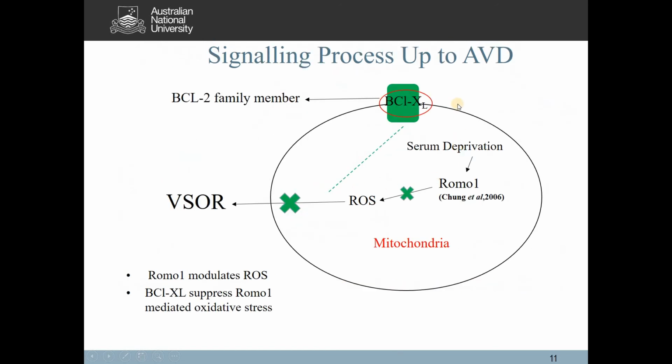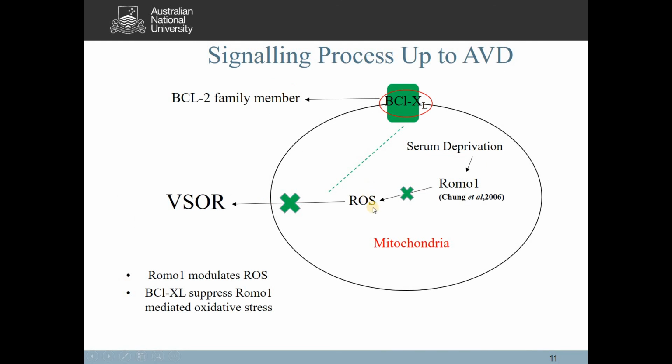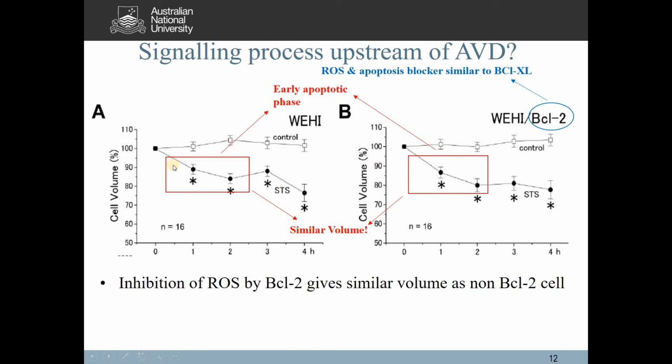So even if you present BCL-XL, whether it's here or not, AVD is not dependent on it. If you inhibit the VSOR channel or don't inhibit it, you would still observe a similar decrease in cell volume. So inhibition of reactive oxygen species by BCL2 would give you a similar volume as a non-BCL2 cell. This means AVD must not be dependent on reactive oxygen species either, because if you inhibit it, you still get a similar decrease in volume as when you don't inhibit it.